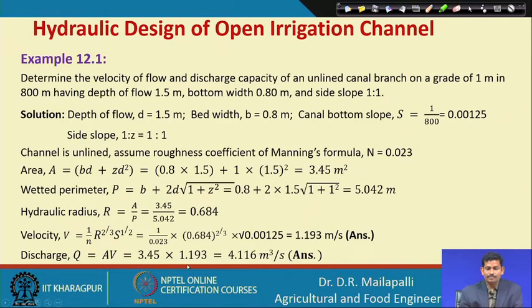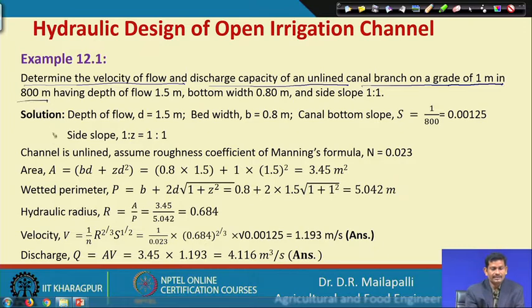Here, the first example asks to determine the velocity of flow and discharge capacity of an unlined canal branch, with a grade of 1 meter in 800 meter, having a depth of 1.5 meter, bottom width 0.8 meter and side slope 1:1.